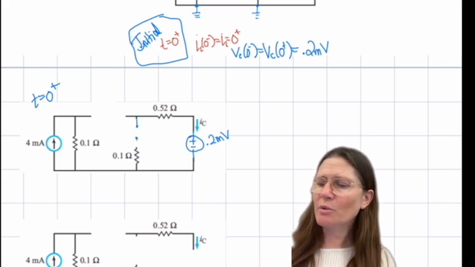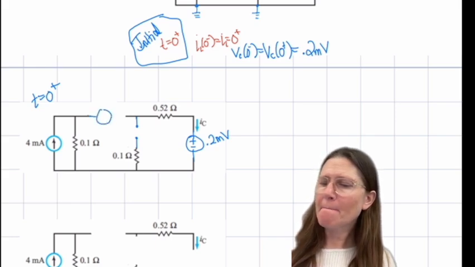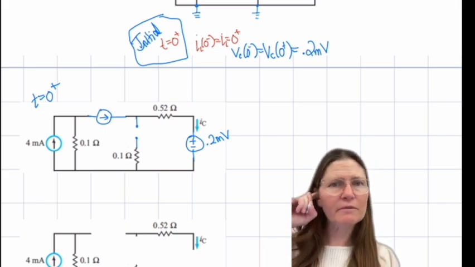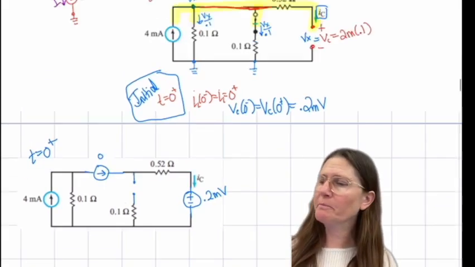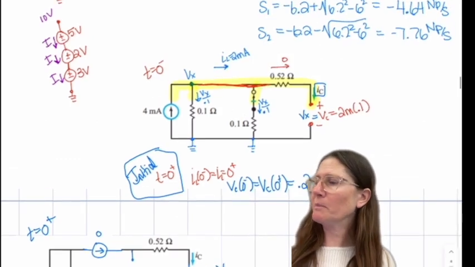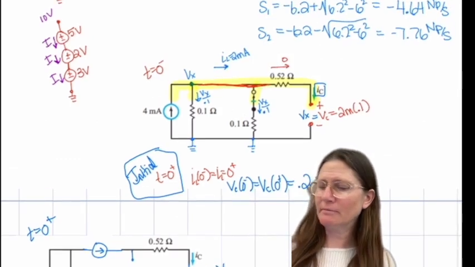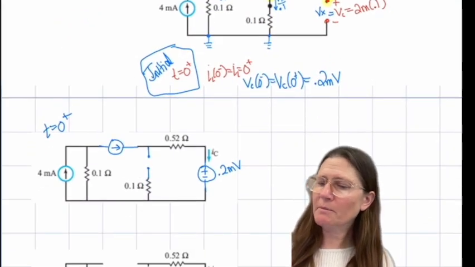Now the switch is open. And this acts as a current source of the IL, which was 0. Or wait, no, IL was 2 milli, sorry, 2 milli.